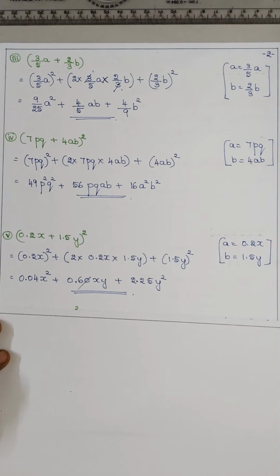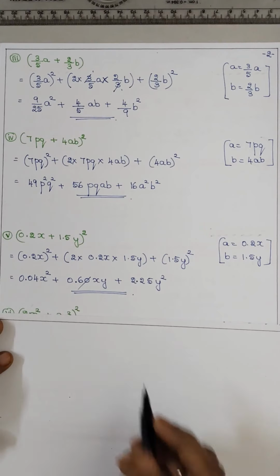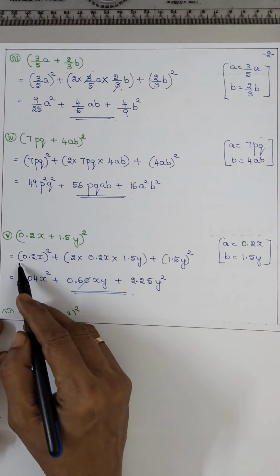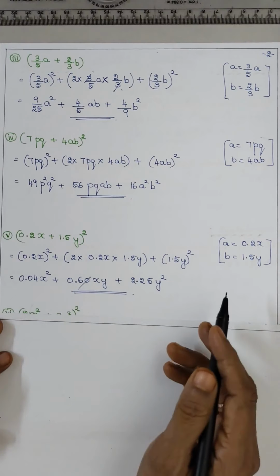So decimal place, again I will repeat. First you write 0.2x the whole squared and all.